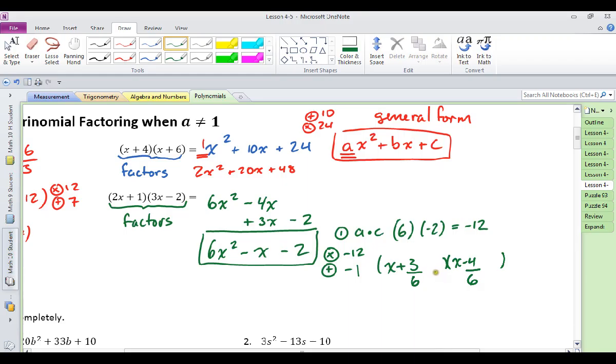Why? Because you can't have a fraction in there. And would I ever write a fraction in the 10th grade of 3/6? What is that? 1/2. Would I ever write 2/4? No, what is it?